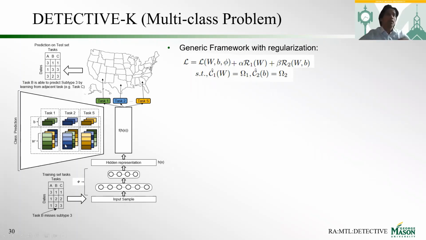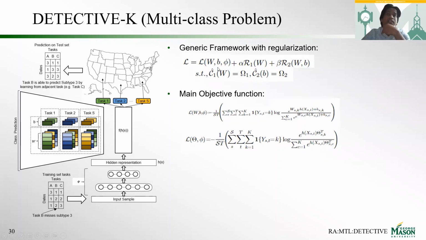For the multi-class problem, I started with this generic framework, and then the main objective function, as I said, I plug in with the multi-class function. Then this L(W, B) looks like this, but as we are considering W and B all together, just for simplicity, I denote them as a big theta. It will make the equation simpler.